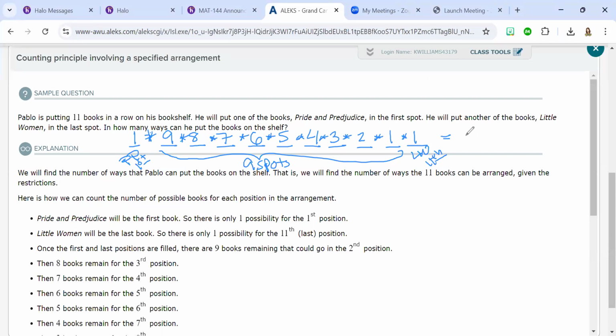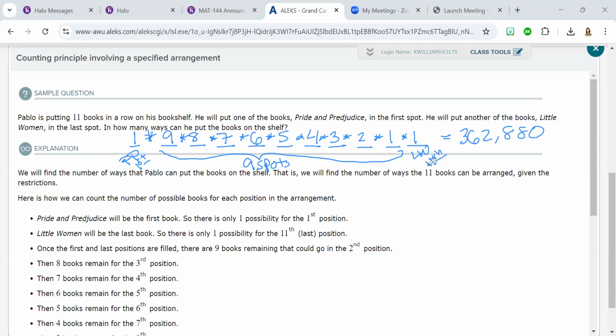After I multiply that all together, I get 362,880. That means there are 362,880 ways I can align 11 books on the bookshelf where Pride and Prejudice is first, Little Women is last, and the rest of the 9 are anywhere in the middle.